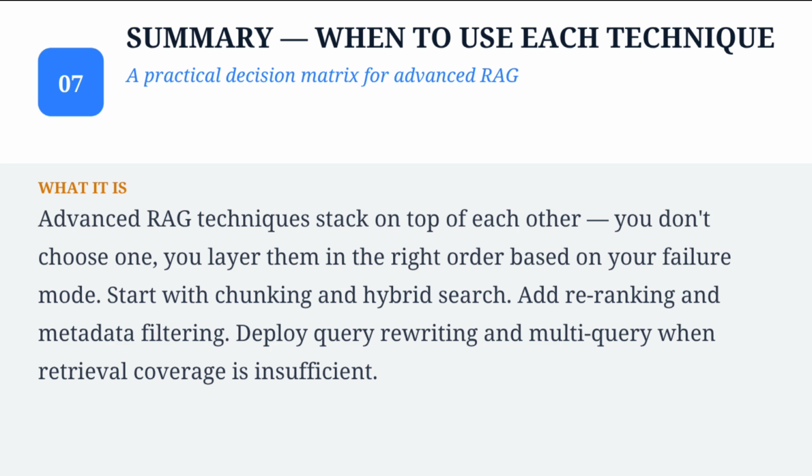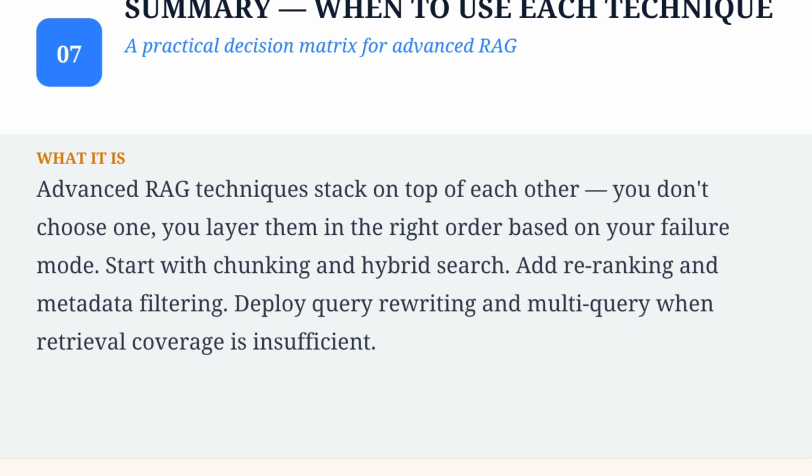Then add re-ranking. A cross encoder on your top candidates, and precision jumps without touching your index. Then you can add metadata filtering, especially if you have sensitive data or multi-tenant requirements. Then you can add query rewriting, and then multi-query retrieval will also be good. Each layer addresses a different failure mode.